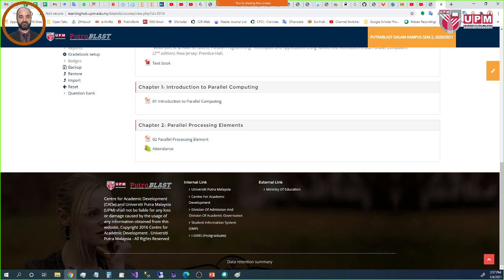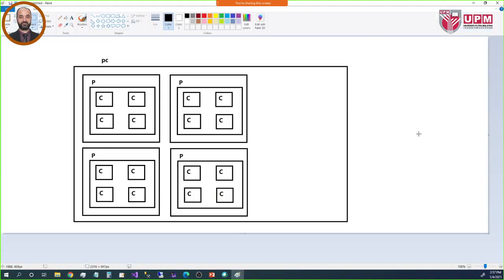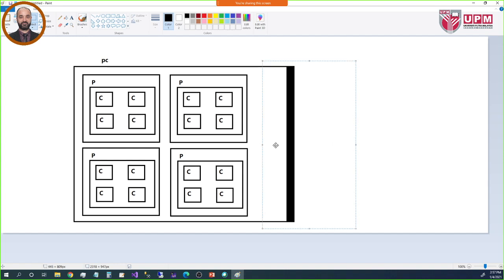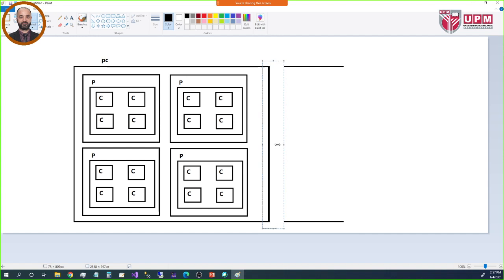Okay. In general, how the cloud works, actually the cloud is like this. Let me make it very clear. So I will try to shorten the thing.